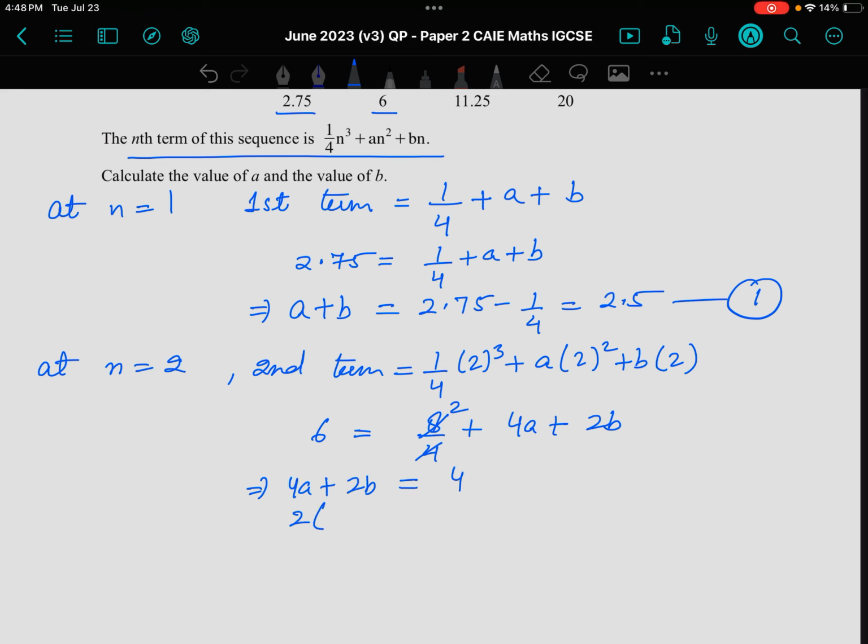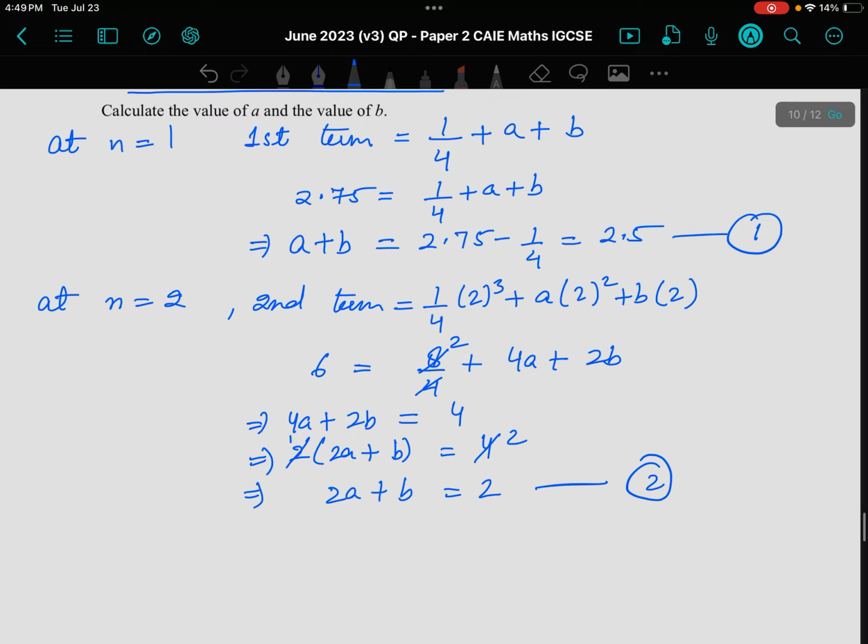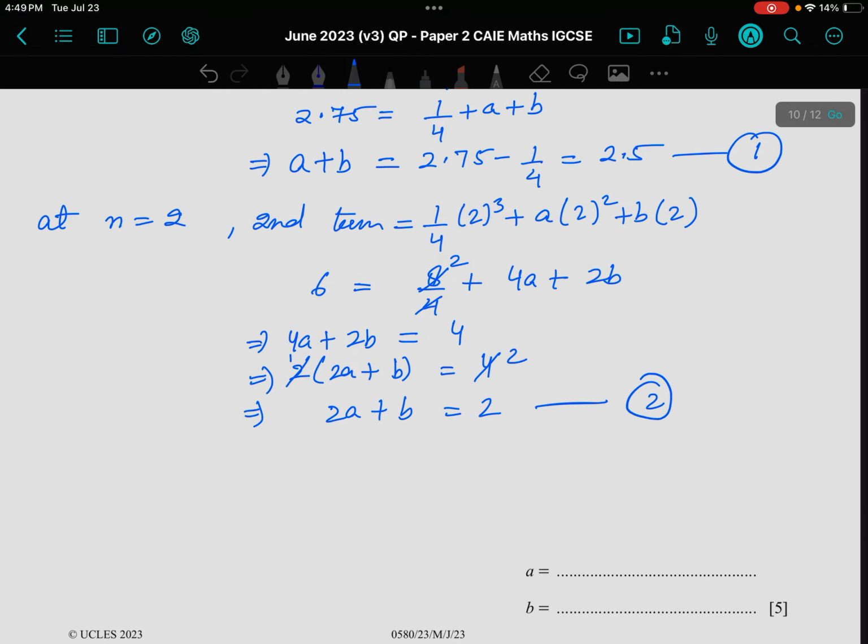Taking 2 as common, so here it is 2a plus b is equals to 4. That means 2 ones are 2, 2 twos are 4 is cancelling out. It implies 2a plus b is equals to 2. This is my second equation. Now what I can do here, I can subtract equation 1 minus equation 2.